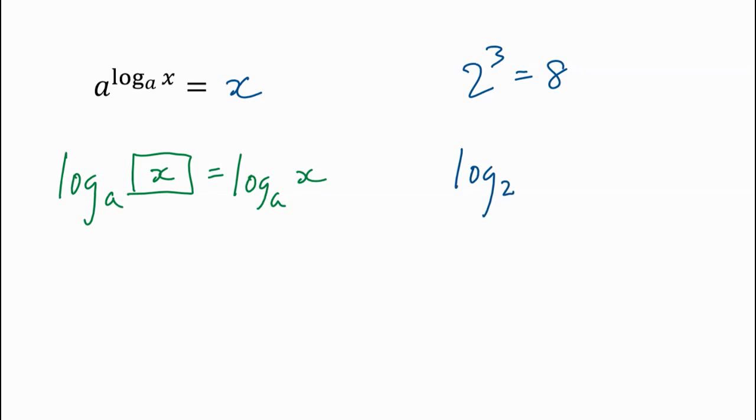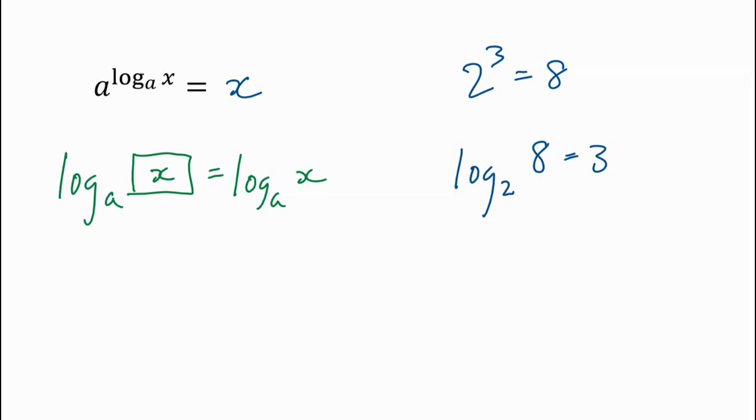Log base 2 of 8, this thing, which is the x, which is here, equals 3. So the exponent goes over there. Base stays the same. Yeah, I know that. But like, how do you get the log? It's just log a from like just a? This part right here? Like the first part, yeah.